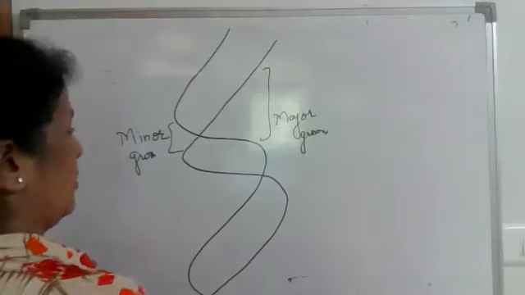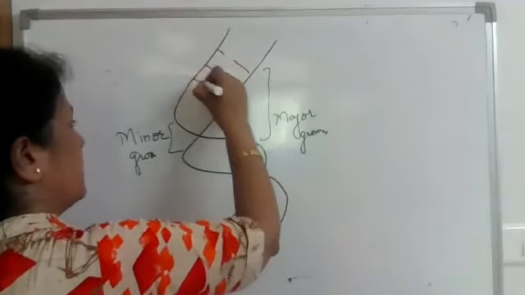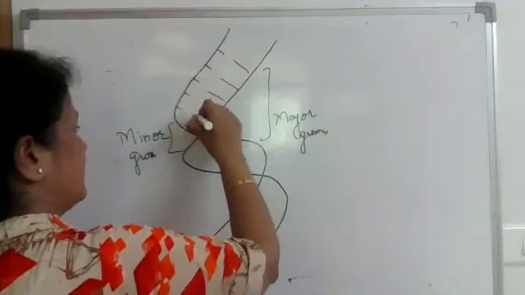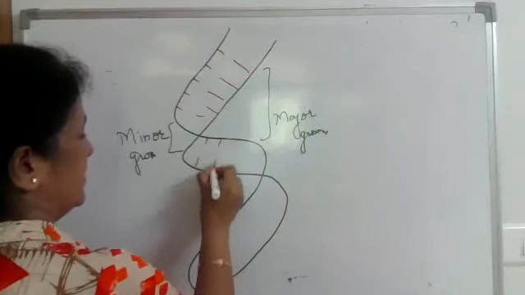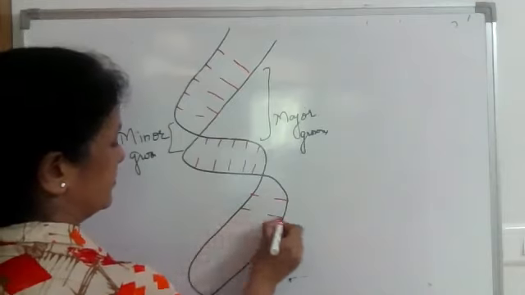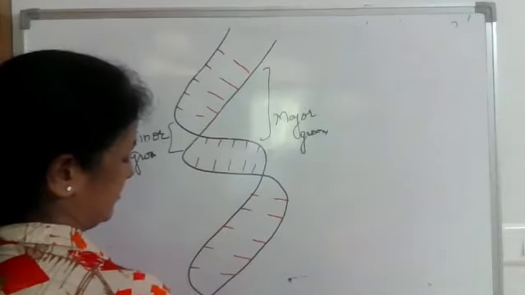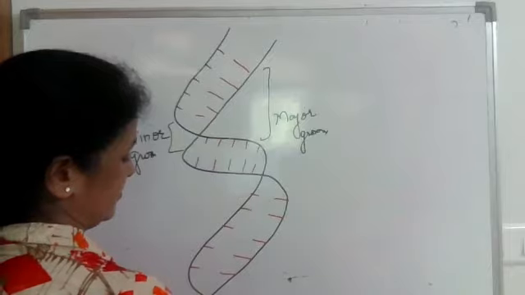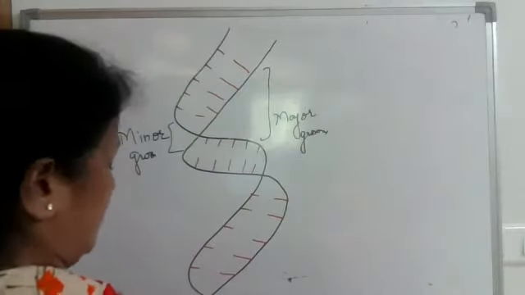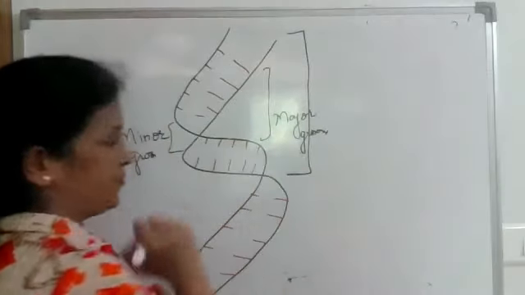Now in this, we are showing the nitrogenous bases. These are the nitrogenous bases here. One complete turn of DNA is this much.